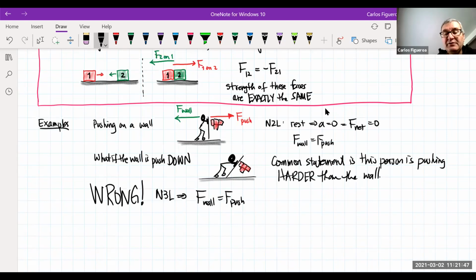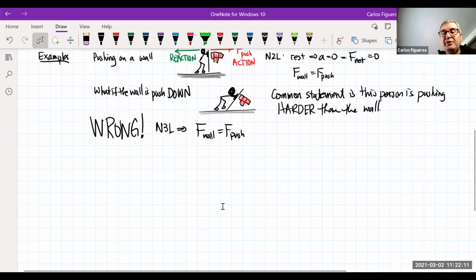For every action, there's a reaction, right? So in this case, let's say he was the action, it's arbitrary, then the wall is the reaction. So right away, you might be saying, but wait a minute, that can't be right. Because of course he pushed harder than the wall.